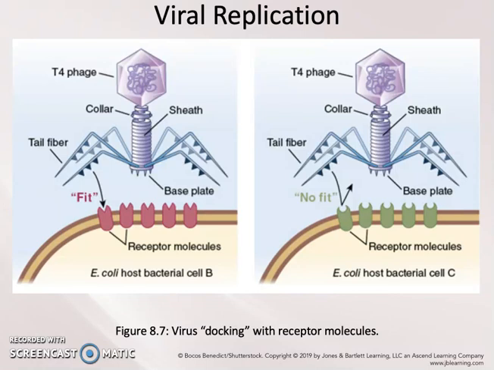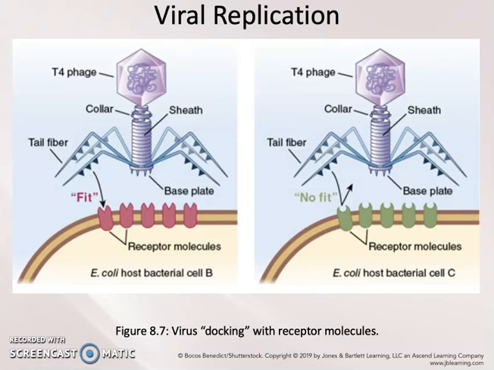The tail fiber and receptor molecule attachment, in fact, is one of the determinants of what's referred to as the host range or tropism of viral particles. The host range is defined as the cell species that the virus can infect.